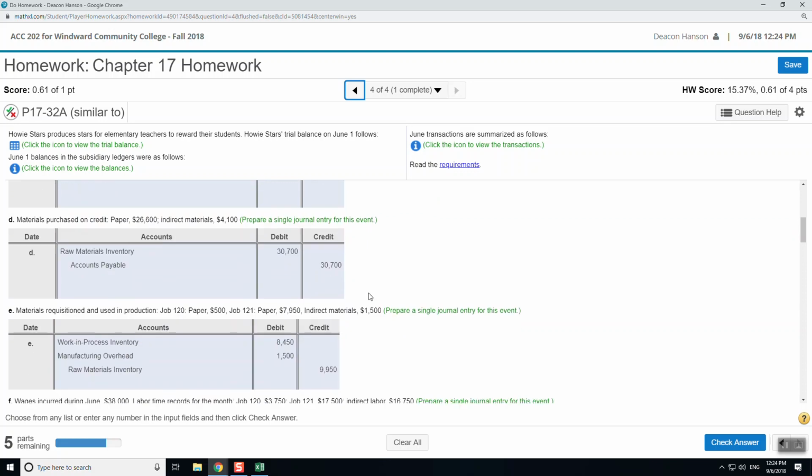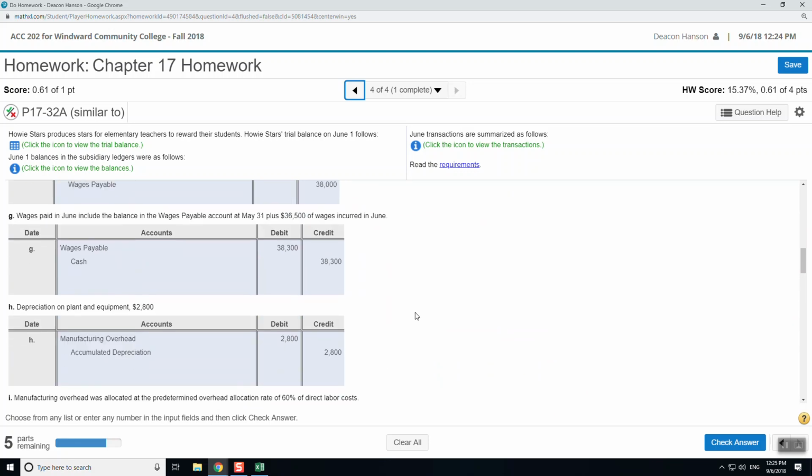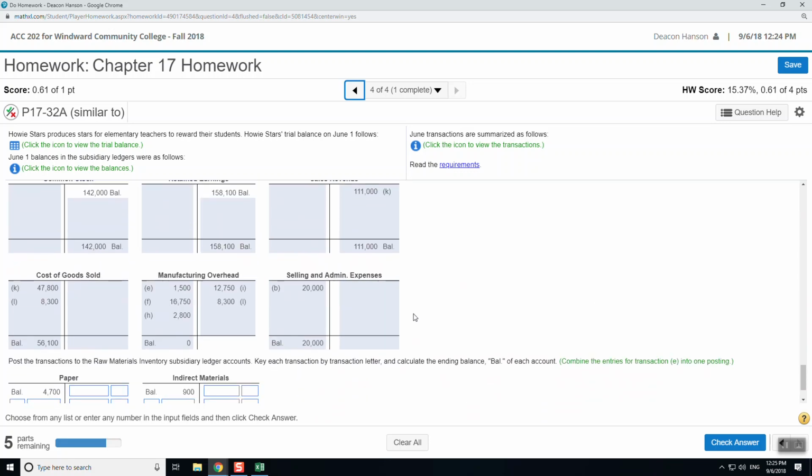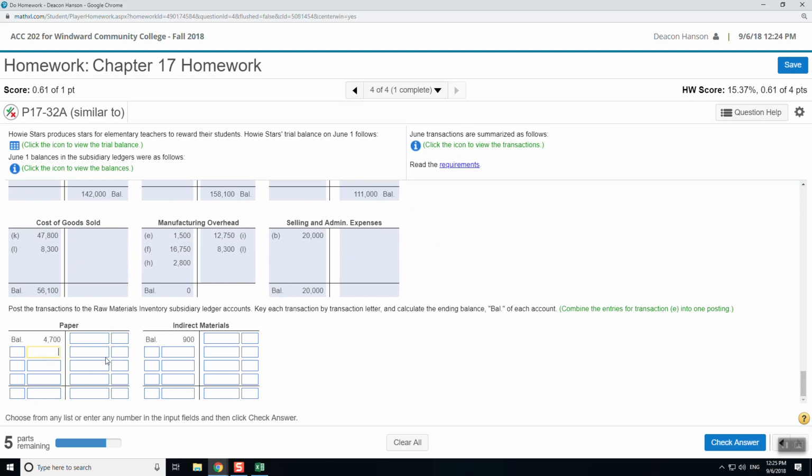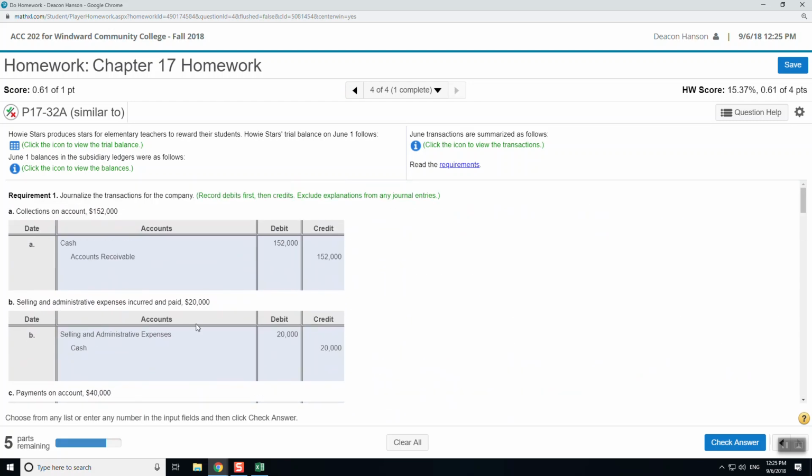Here, okay. So in the first purchase they bought, that raw material was broken down 26,600 paper and 4,100 indirect material. Okay. 26,6 and 41. So I'm going to put that. And 41. And I forgot the letter, so I'll go back up.